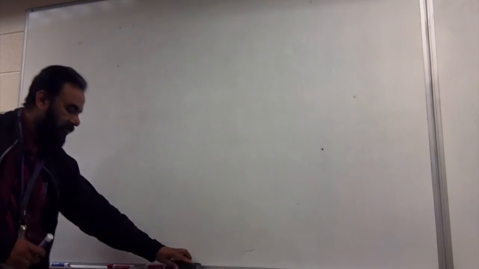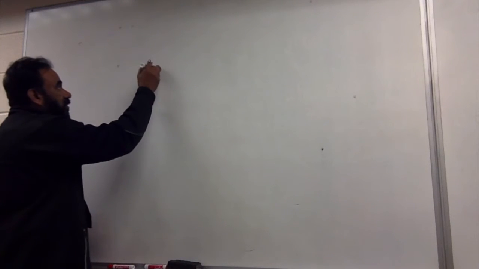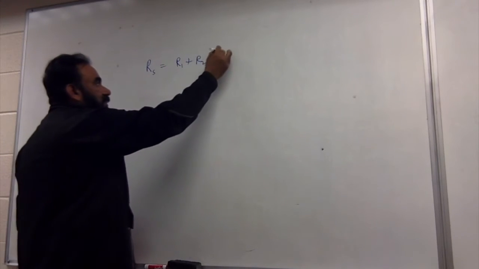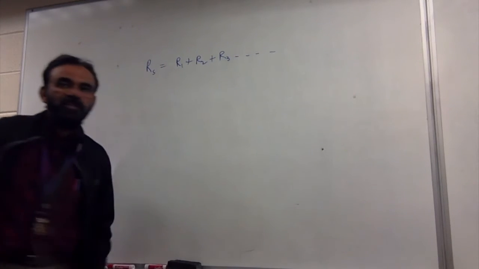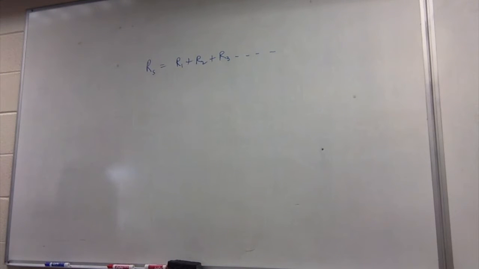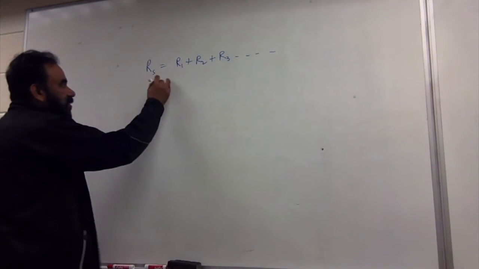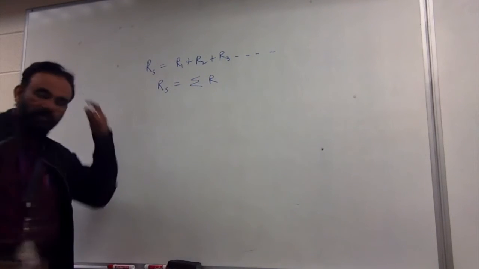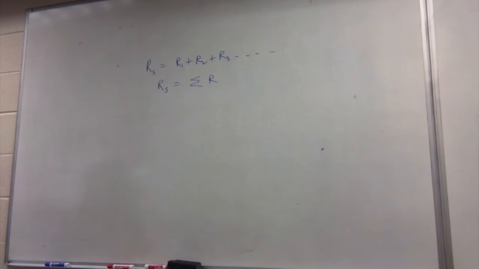What is the resistance in series? Resistance in series is equal to R1 plus R2 plus R3, just the sum of all the resistors.